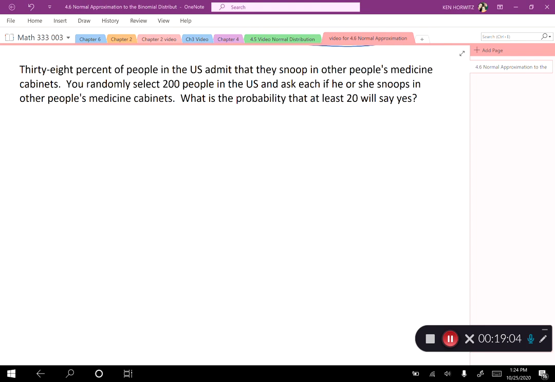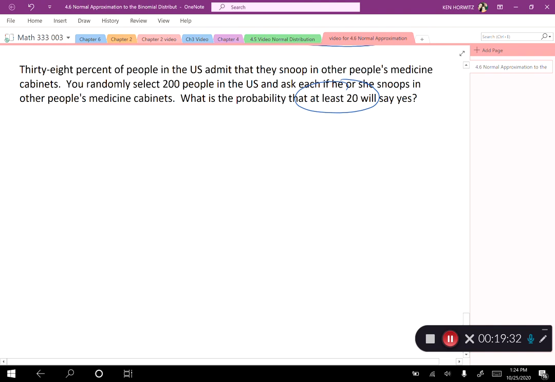Now, this is fairly apparent that it is a binomial distribution. But if we're talking about a group of 200 people and you want to find the probability of at least 20, that means probability of 20, probability of 21, 22, 23, 24, 25, all the way to 200. We certainly want no part of that, and the keywords are right here: at least 20.